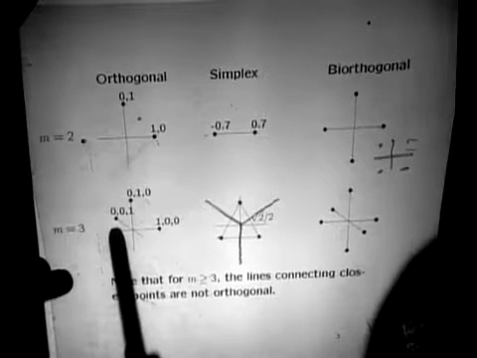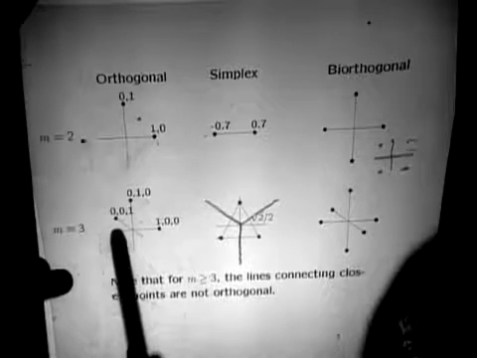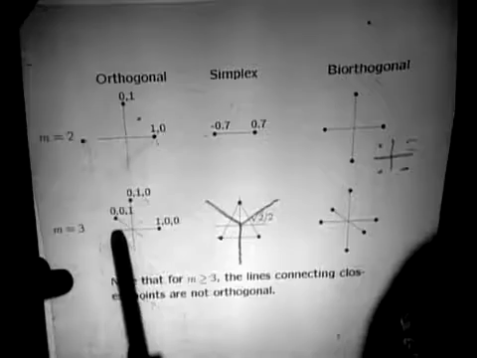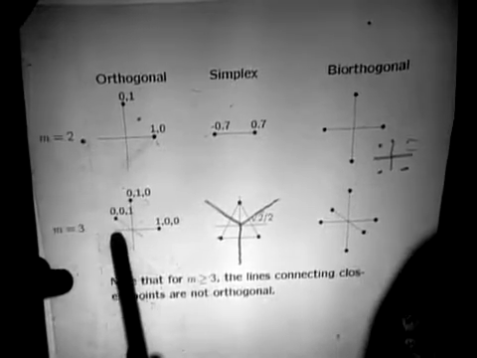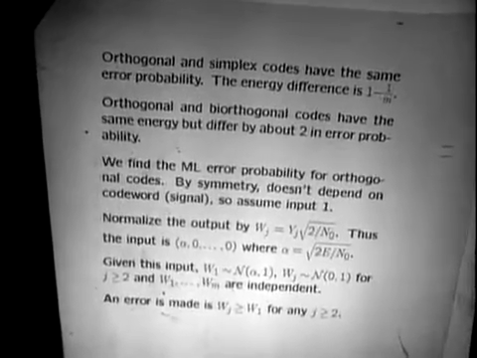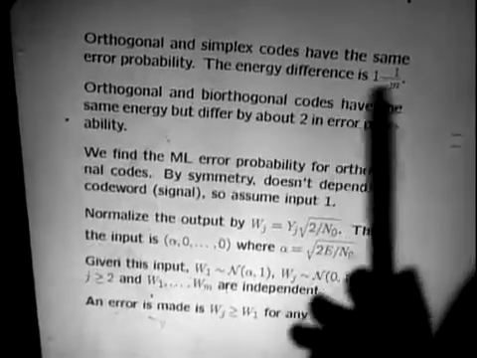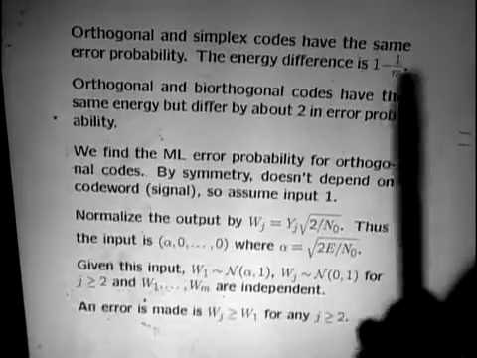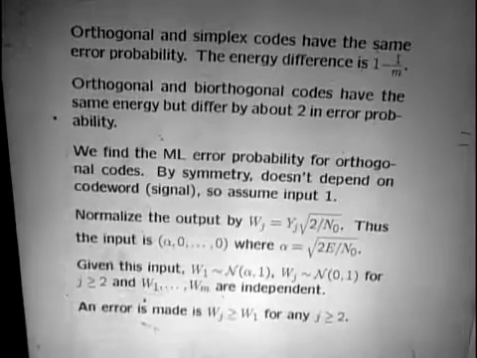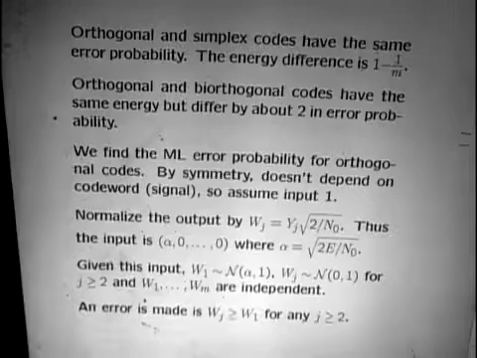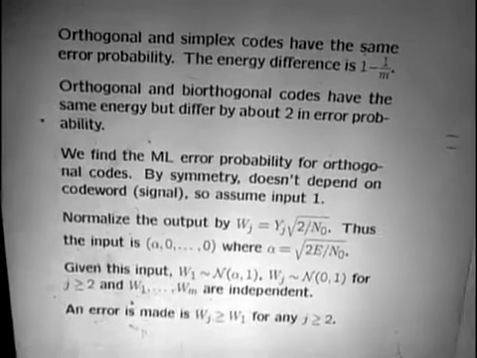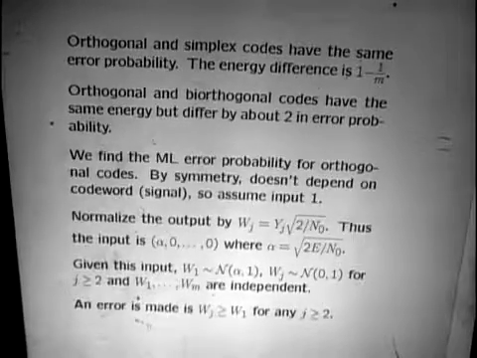It's 1/3, 1/3, and 1/3. So you calculate the energy in 1/3, 1/3, and 1/3, and it's 3 times 1/9 or 1/3, which is exactly what this says. The energy difference between orthogonal and simplex is 1 minus 1 over m. In other words, that's the factor in energy that you lose by using orthogonal codes instead of simplex codes.